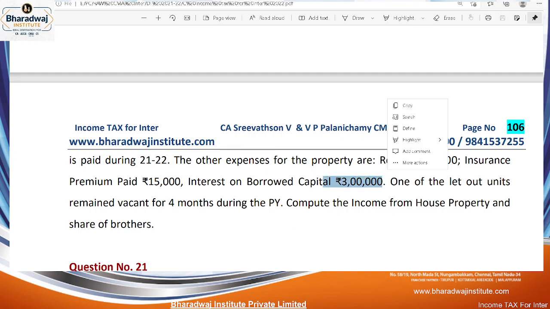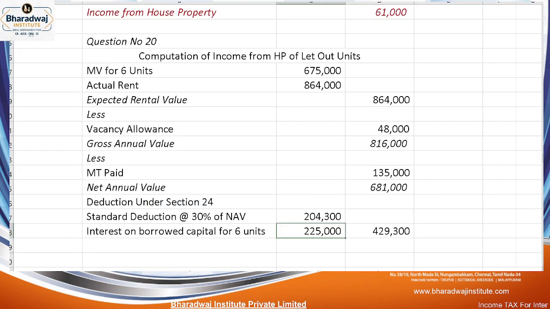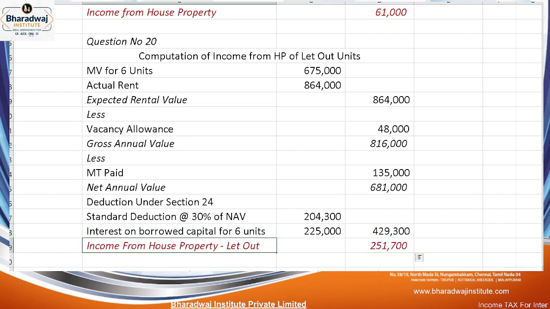If it is 3 lakhs for 8 units, what is it for 6? So the deduction is 4,29,300. This is the let out portion value, to be shared by Indran and Chandran.